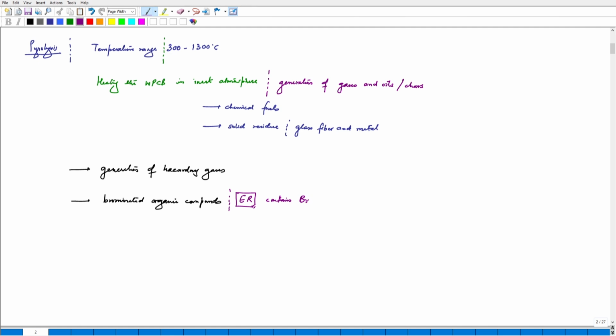Now, it has also been seen that if we are looking at 270 to 280 or odd temperatures, this generation of hazardous gases is observed. Now, one might want to optimize the process of pyrolysis, but then again, at times we want the epoxy resins to be removed, and at times it is very difficult to control the generation of these hazardous gases.